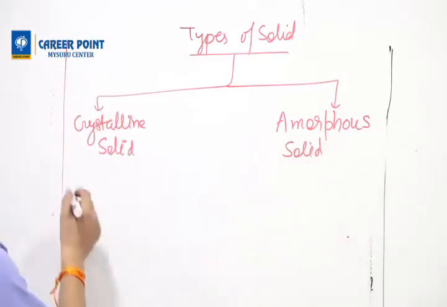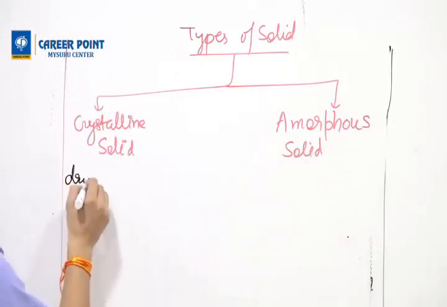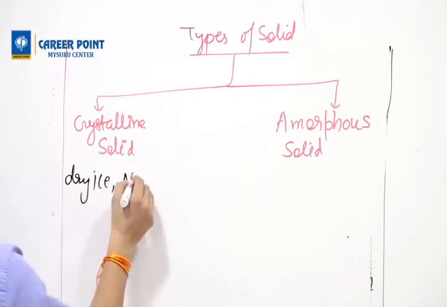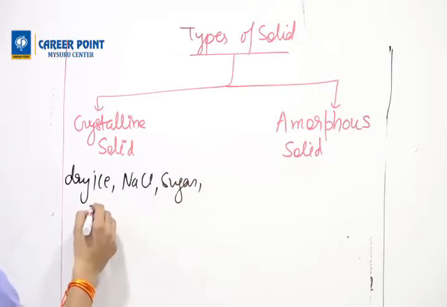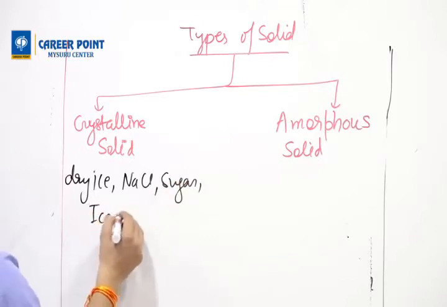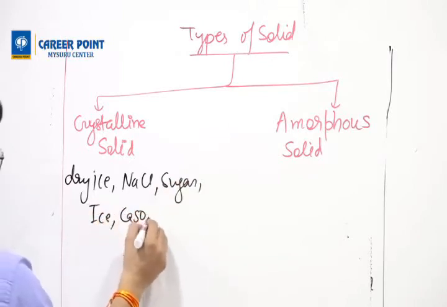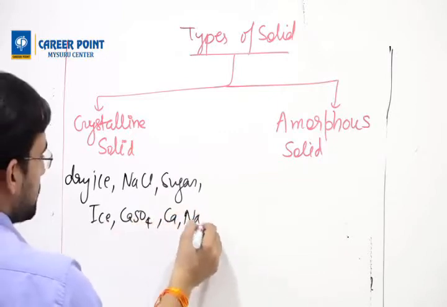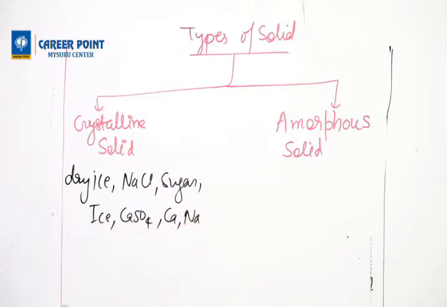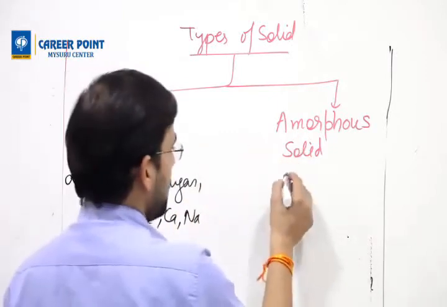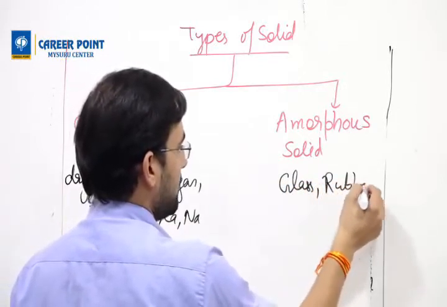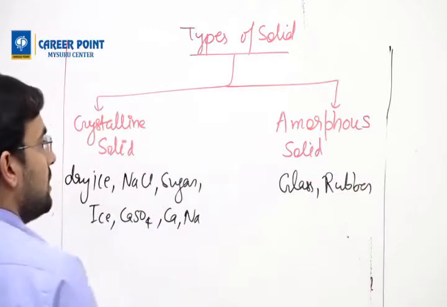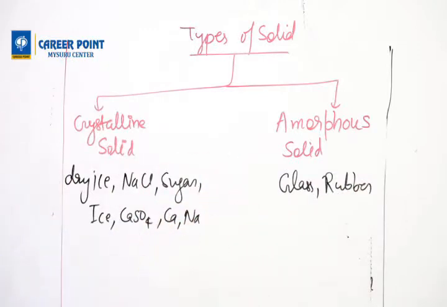Crystalline solids are dry ice, NaCl, sugar, ice, CaSO4, and all types of solid like that. Examples of amorphous solids are glass and rubber. These are amorphous solids, these are crystalline solids.